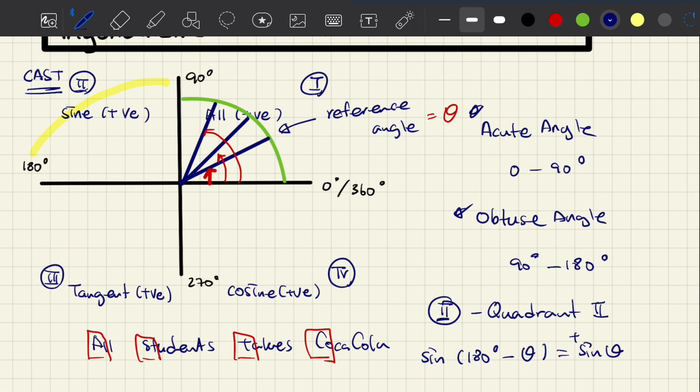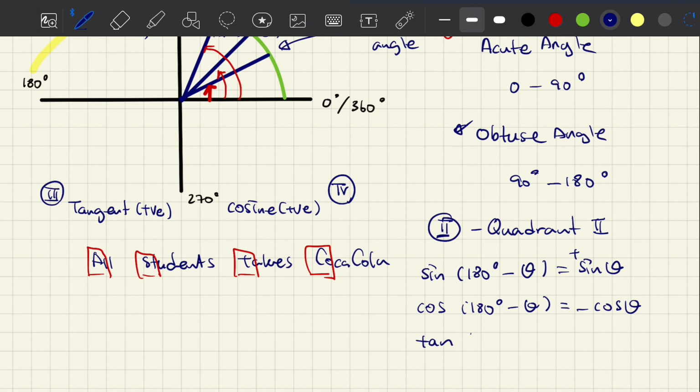And for the cosine and tangent, these are going to give us negative values, right? So we're going to do cosine of 180 minus theta, and this will give us the negative cosine theta value. And for the tangent, we have to do tangent of 180 minus theta, and it will also give us the negative tangent theta value.